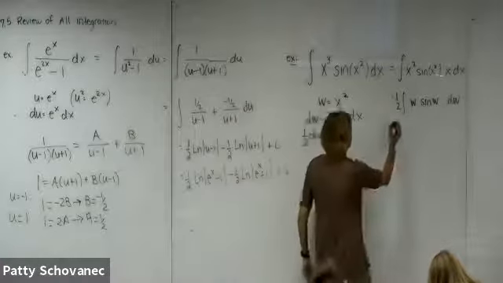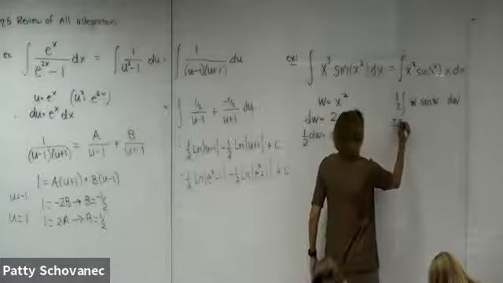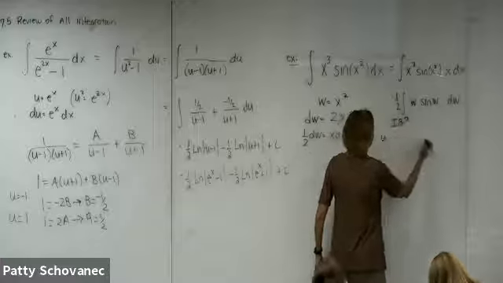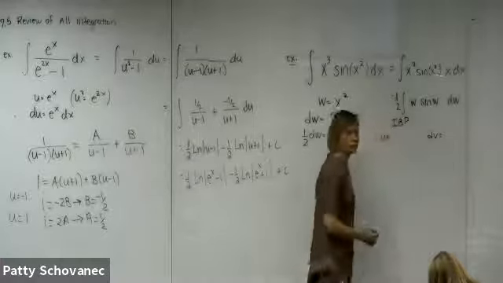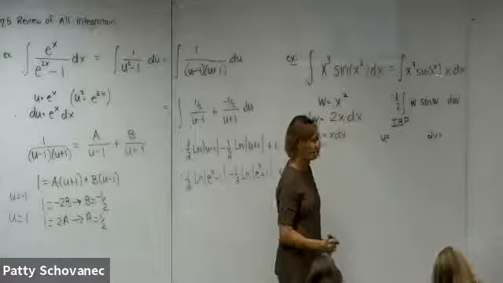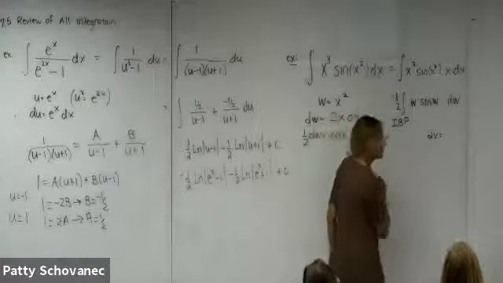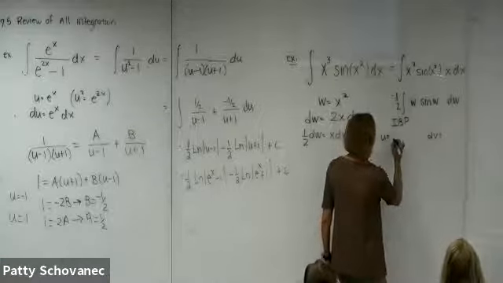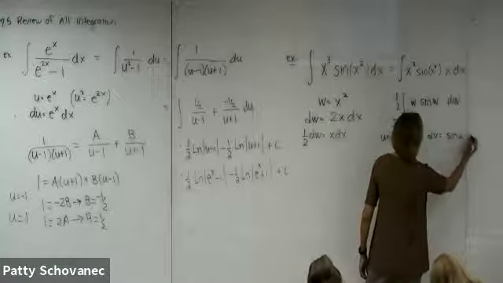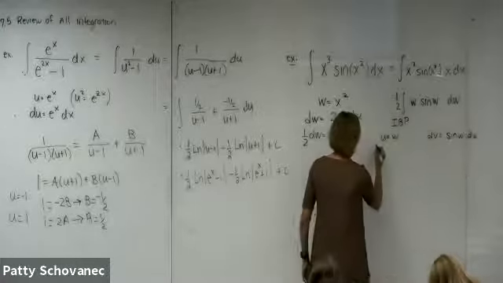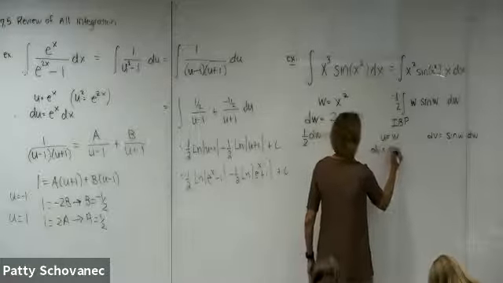And now we're going to do integration by parts. I need a u and a dv. U is W, dv is sine of W dW. We want to get a lower degree polynomial, so du is dW.